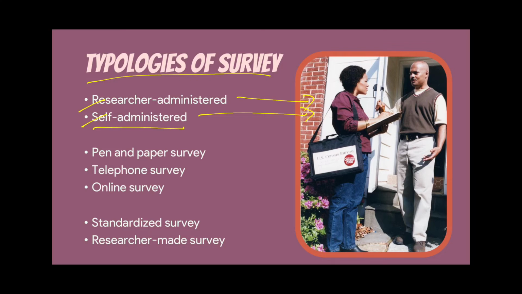For self-administered, the pro is that you can just give it to people and leave it with them for 5 to 10 minutes, or overnight and collect it tomorrow. It takes less time for you to get more responses. Or if it is online, you just put it online and they click the link of your online survey and answer it on their own. The con here is that you won't be there to answer their questions, just in case they have a question about the questions in your questionnaire.